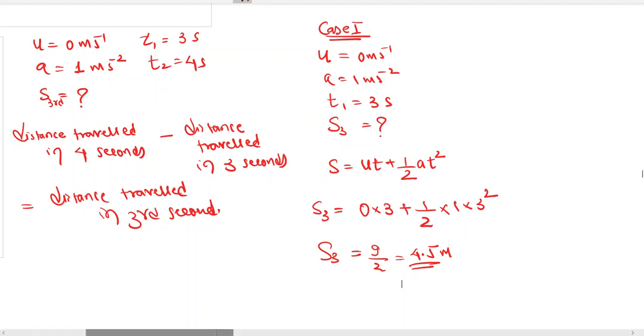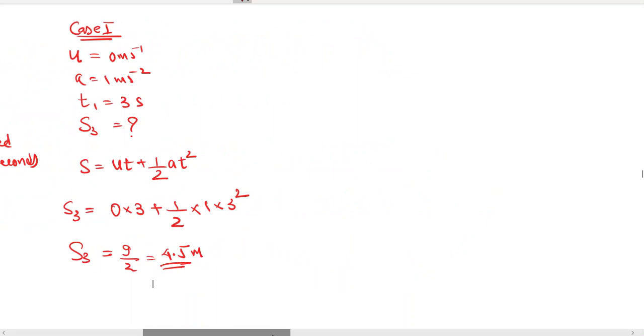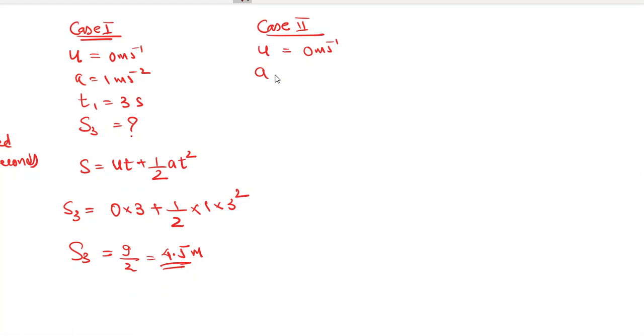Now we'll find the displacement in 4 seconds. Same way. Case 2. Initial velocity 0 meter per second. Acceleration 1 meter per second square. Time 4 seconds. And the displacement S4 is unknown.